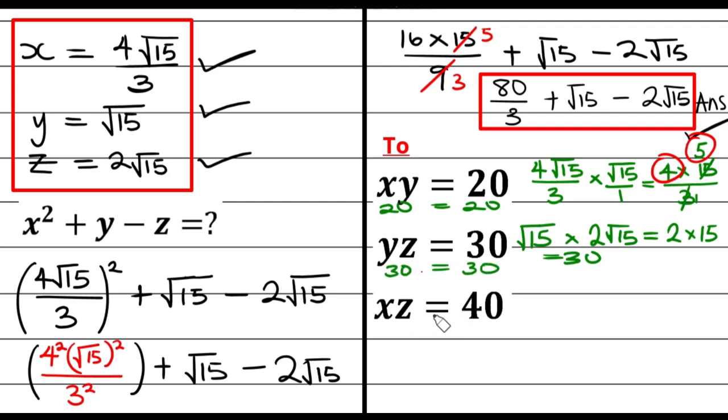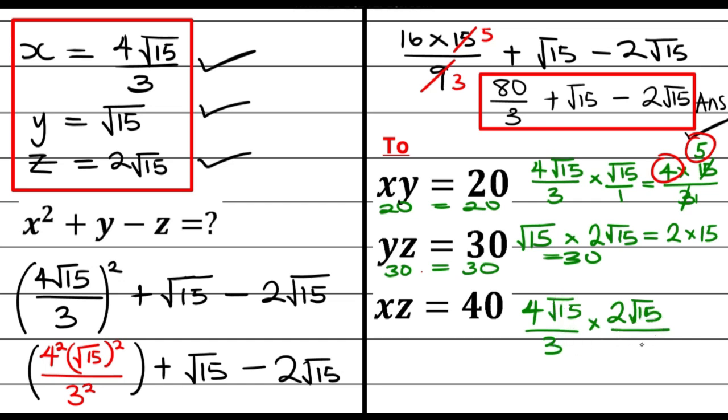Also, to equation 3, which we have xz equals to 40. So what's the value of x here? And that is 4 root 15 over 3. Then that is x. Then what is the value of z? That is 2 root 15. So multiply by 2 root 15. This is a fraction.